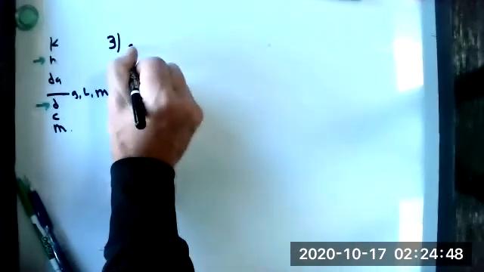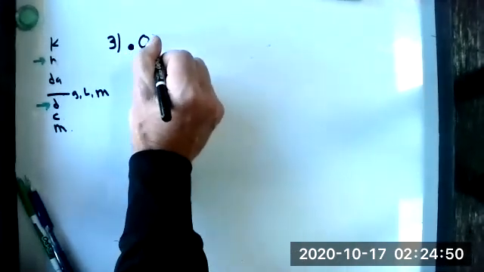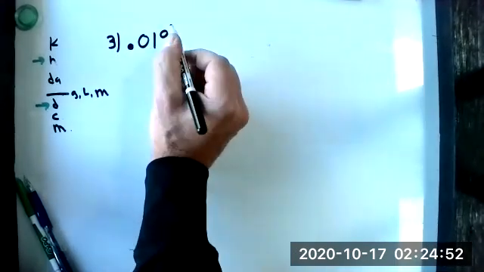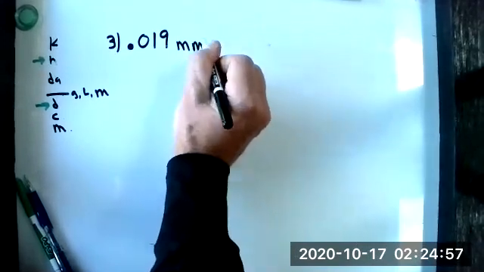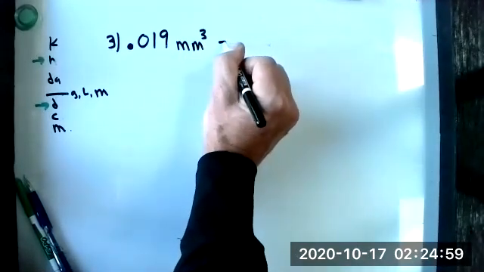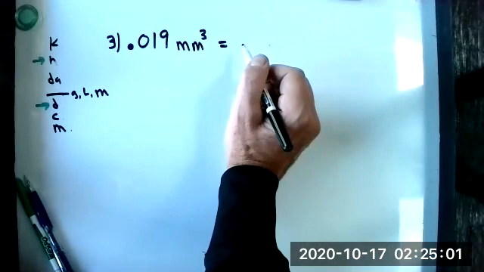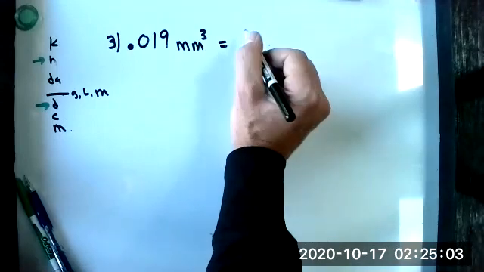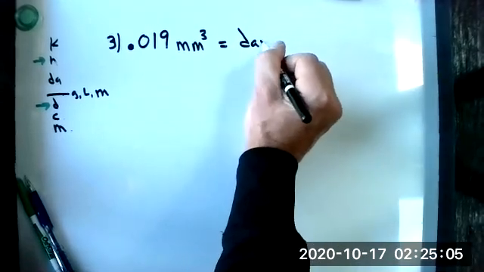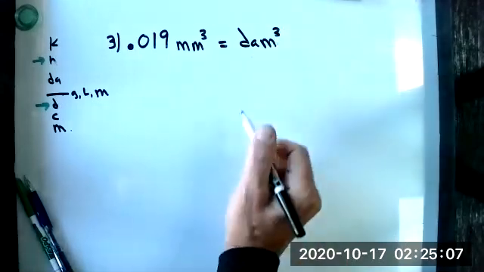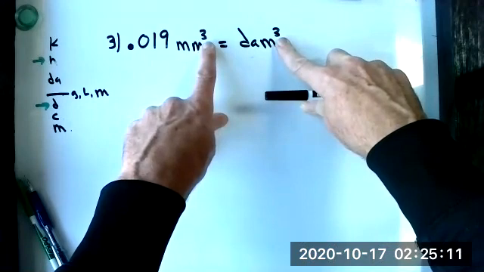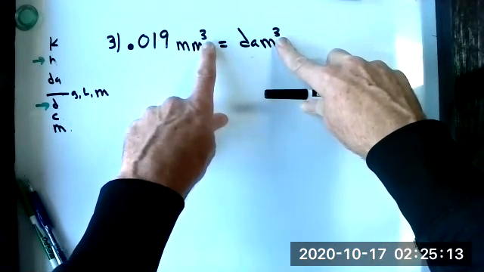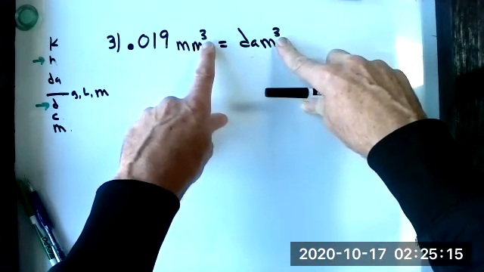Let's say that I have 0.019, and let's say it's millimeters cubed. And let's say I want to change it into decameter cubed. You see this, that tells you we got a volume situation going on here. We have an object that has 3 sides.